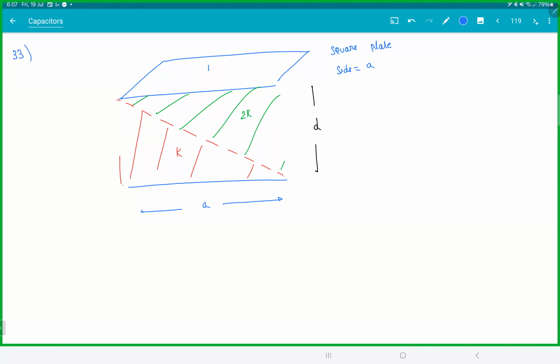Find C equivalent. The battery is connected between these two terminals. This is an HCV question. You getting the diagram how it is? The diagonal part is K and the other is 2K.